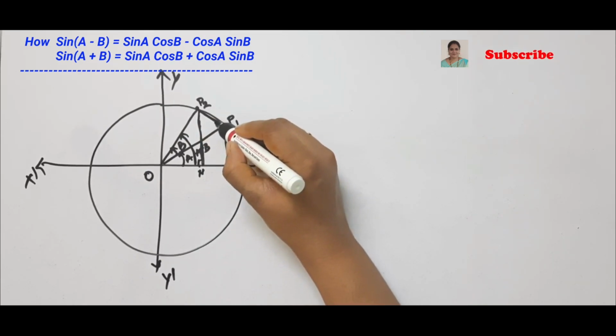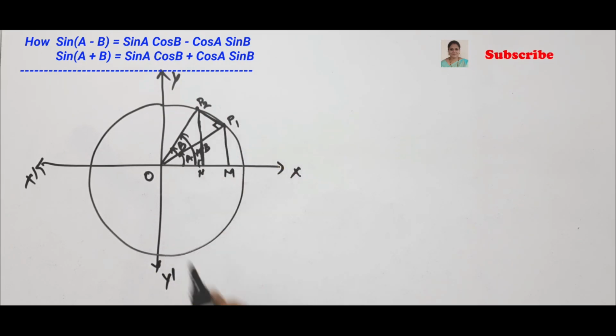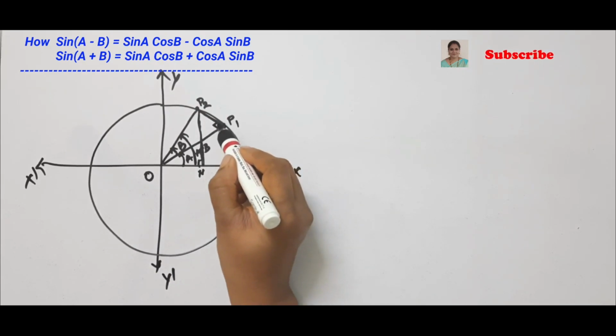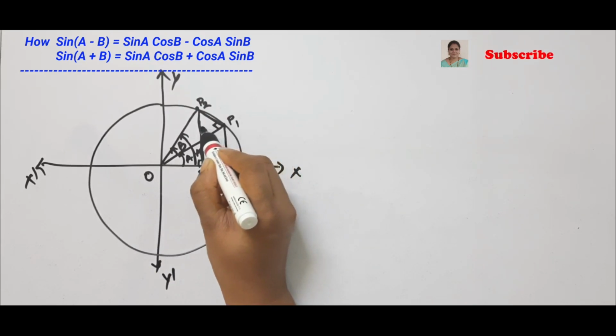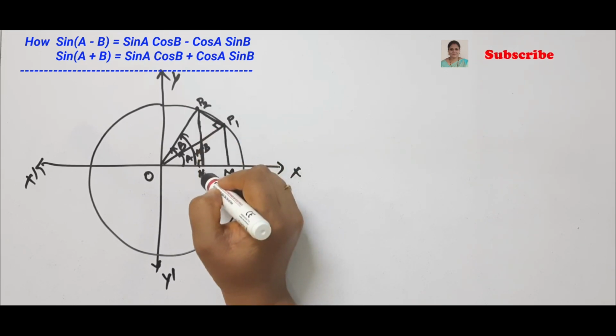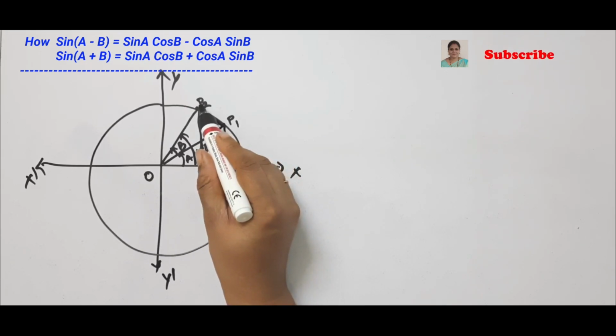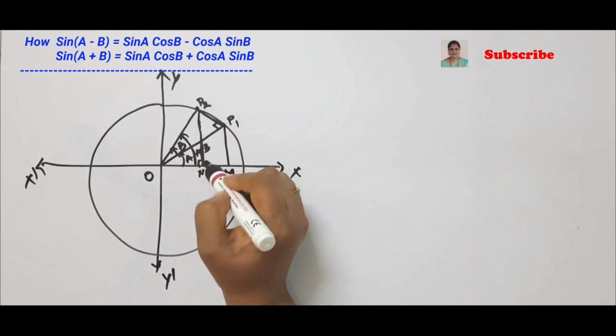Then this angle is 90 degrees. Now, draw a perpendicular from P1 to P2N.